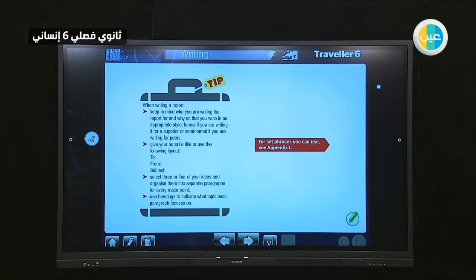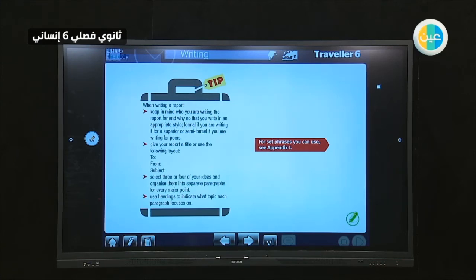The second point: give your report a title or use the following layout: to, from, subject. That is, to whom it is addressed, from whom, and what the title is.